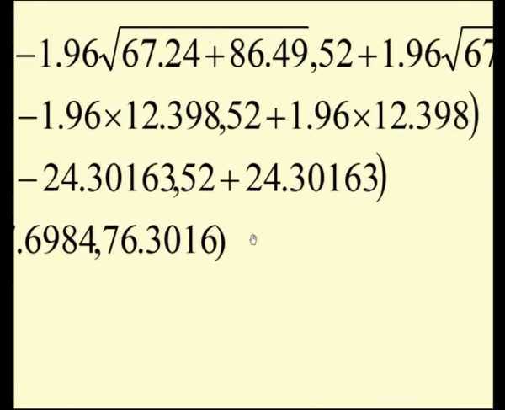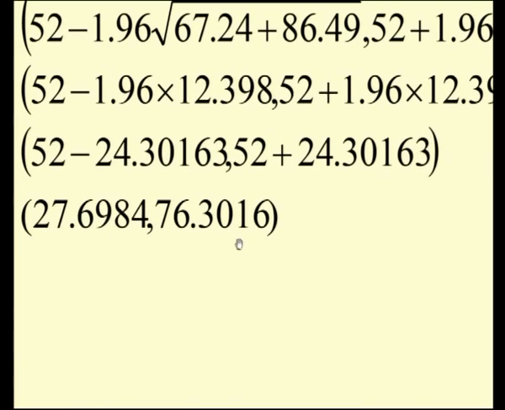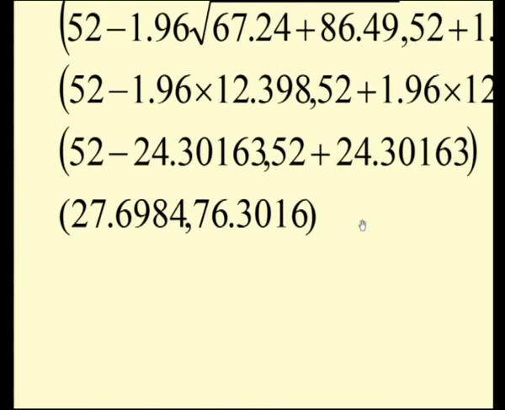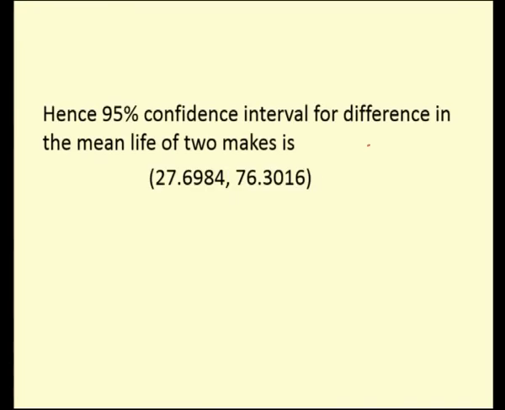Here it is 52 plus 24.30, which will give you 76.3016. Therefore, your 95% confidence interval for the difference in mean life of the two makes is given as 27.6984 to 76.3016. So next we will go to example 2.